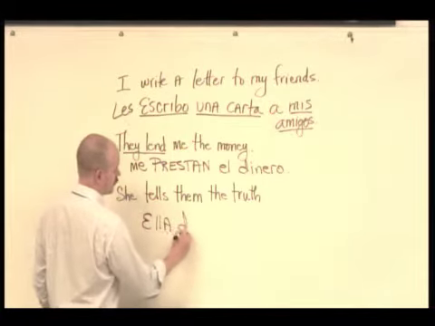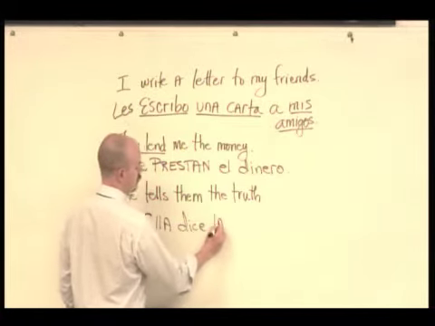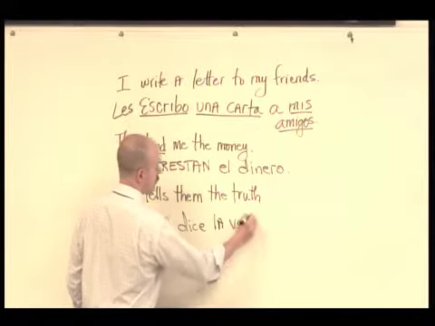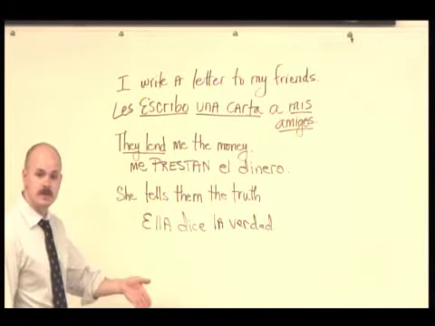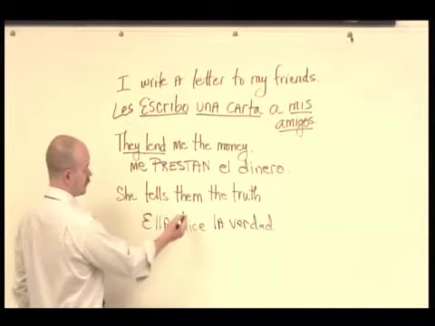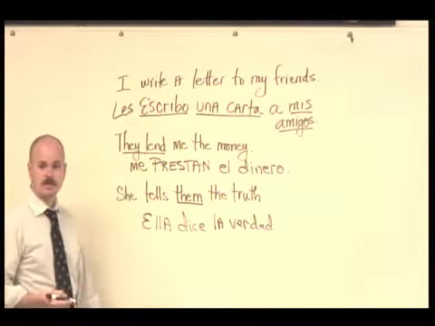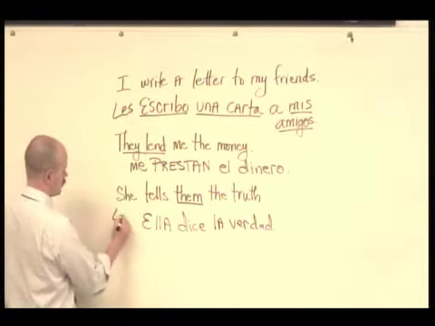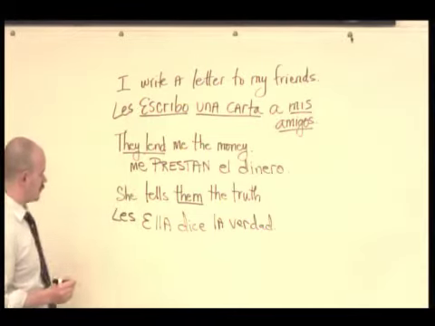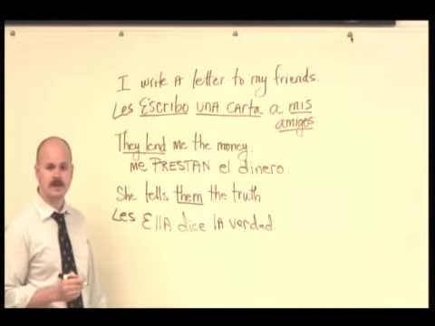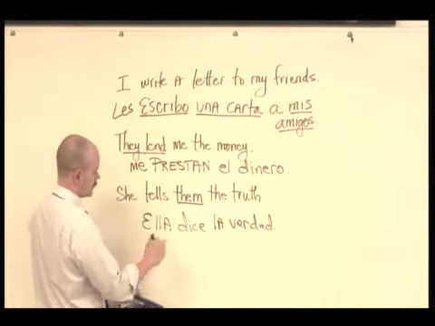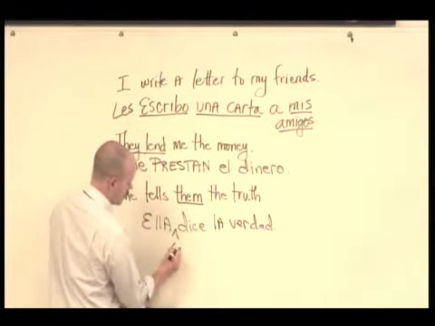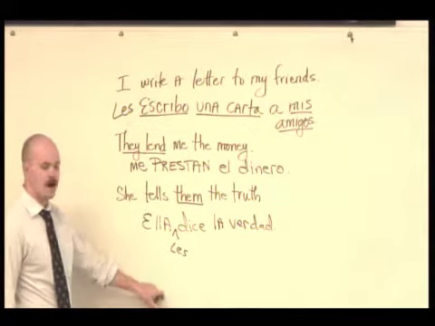Ella dice la verdad, meaning she tells the truth. She tells them the truth. We need to put third person plural indirect object pronoun in there, so les, oh, excuse me, look at that, I messed it up. Les dice la verdad.